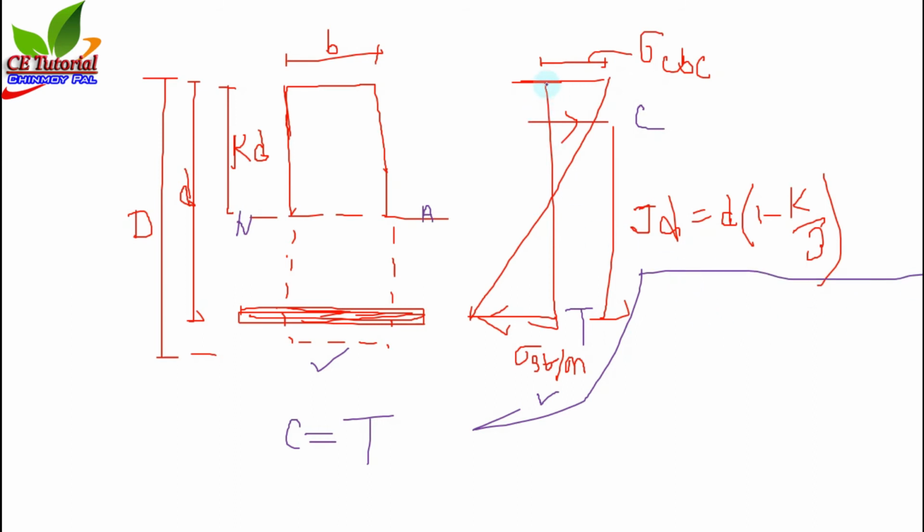How we can calculate the C value from the compression zone? You can remember that this diagram is not a two-dimensional diagram. This is actually a three-dimensional diagram. Okay, so if I draw the three-dimensional figure, this will be the three-dimensional figure.